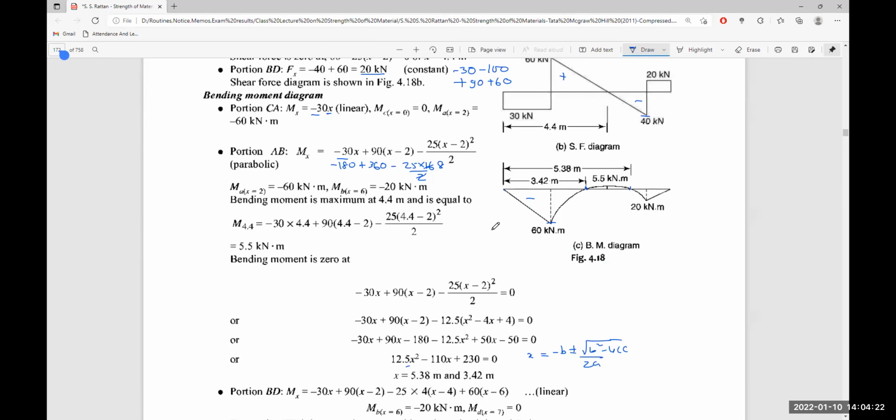Then minus 25 multiplied by 4 into (x minus 4), that is the distributed force acting over the beam, which is creating an anti-clockwise bending moment, so it is negative. Plus 60 into 4, that is the reaction at B, which is creating a clockwise bending moment, which is (x minus 6). Here x is taken from the left end, and this distance from here to here is equal to 6.